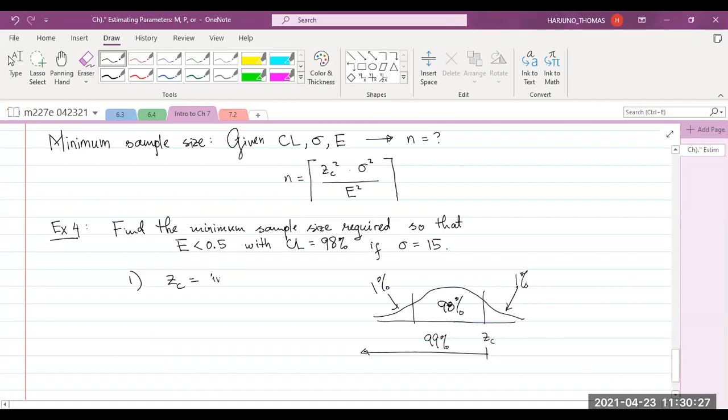This will be inverse norm 0.99. I think that's 2.32 something. Let me see. Yeah, 2.32635.